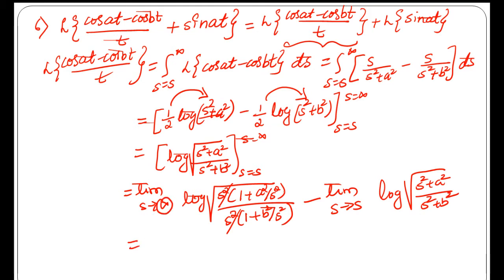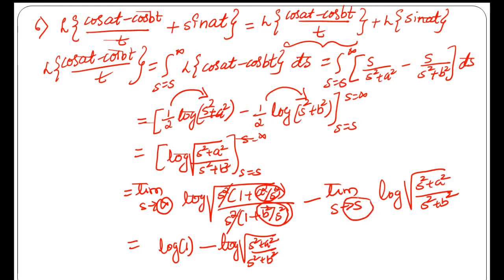Now substitute the value of s equal to infinity, these terms become 0 since a finite number divided by infinity is equal to 0. So we will get log 1 as the first term minus log of square root of s square plus a square divided by s square plus b square while applying limit s tends to s.